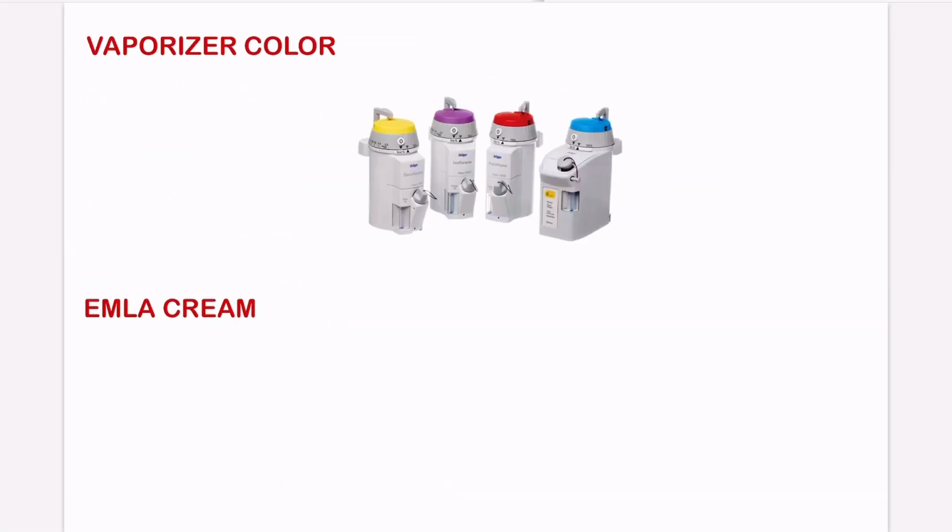Next, we will be seeing about the vaporizer color. The red color vaporizer is for halothane. The purple color vaporizer is for isoflurane. The blue color vaporizer is for desflurane.